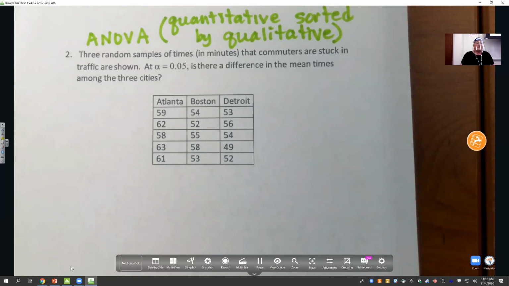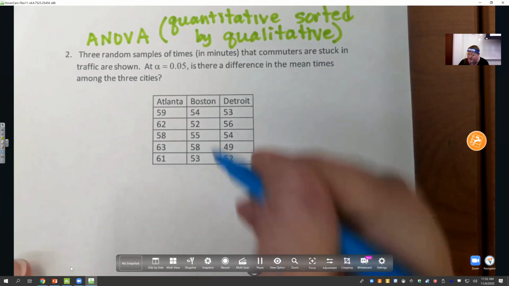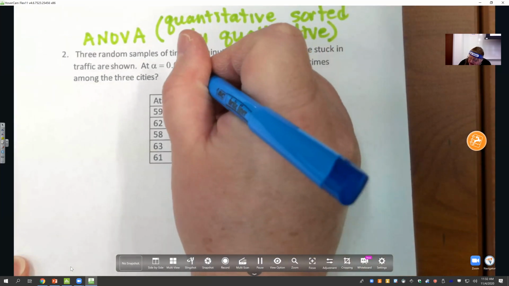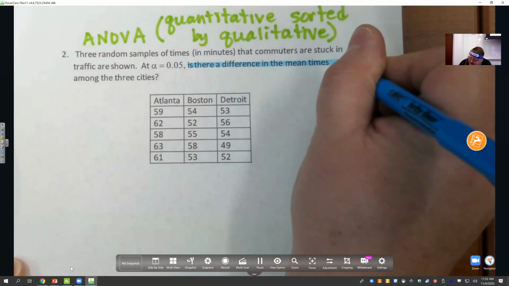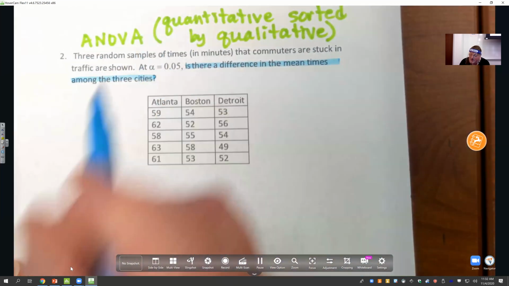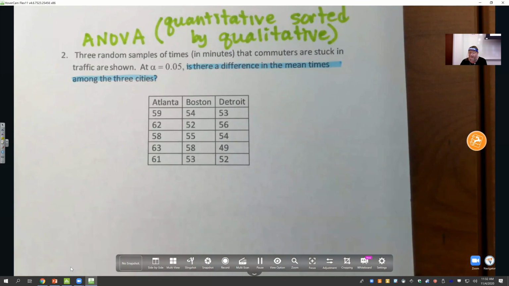Typically, our first step is to identify our hypothesis. And usually we want to look for those things like claim, conclude, believe, think. Again, with ANOVA, it's usually worded this way. Is there a difference in the mean times among the 3 cities? Mathematically, when you think of the word difference, what does it mean to you?